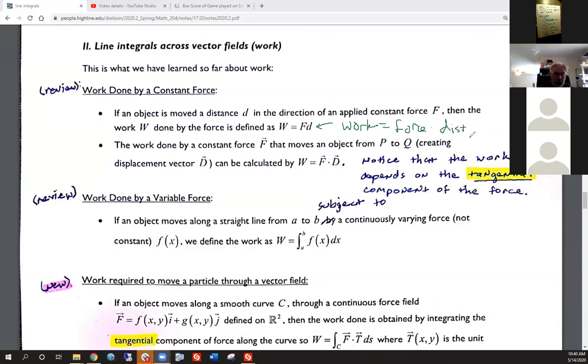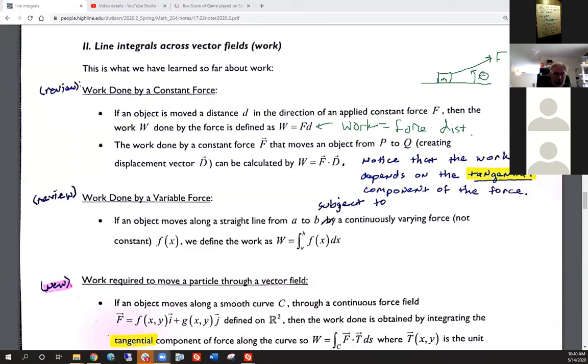But force times distance is kind of just day one about work. What we really care about is the amount of the force that is tangential to the direction that the object's moving. The classic examples are things like, maybe you have a mass and we're going to pull it at some angle theta, and we could ask how much work is taking place.